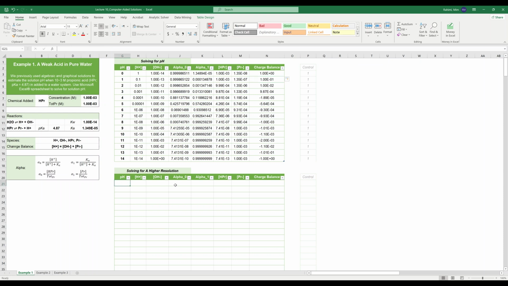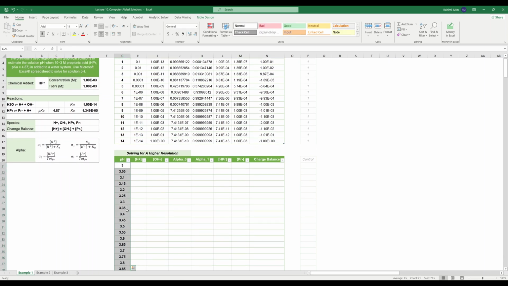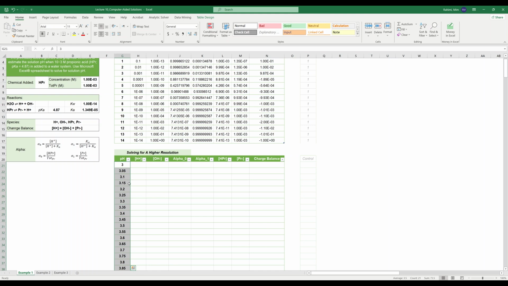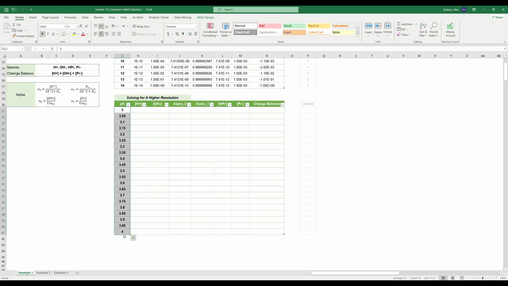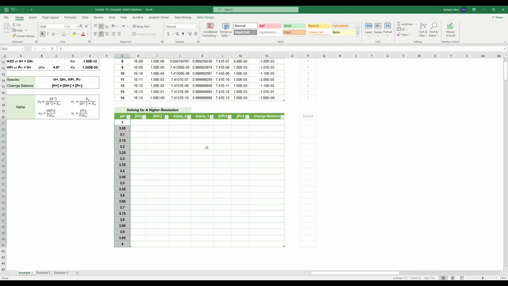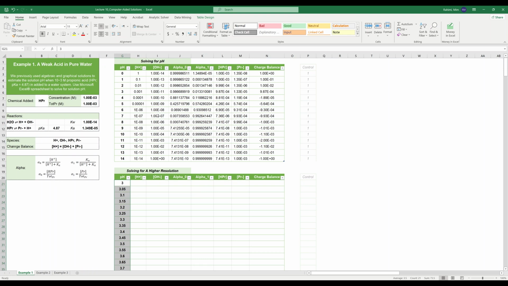I'm defining my pH as 3, then 3.05, increasing by 0.05, so 3.05, 3.1, 3.15. I go between 3 and 4 because I know somewhere in this range I have my term closer to 0. So I'm increasing the resolution of my calculation. This table is telling me it is somewhere between 3 and 4.